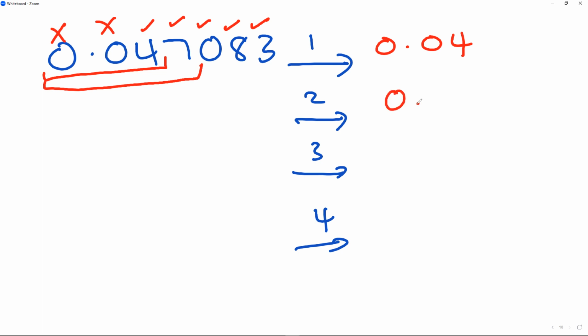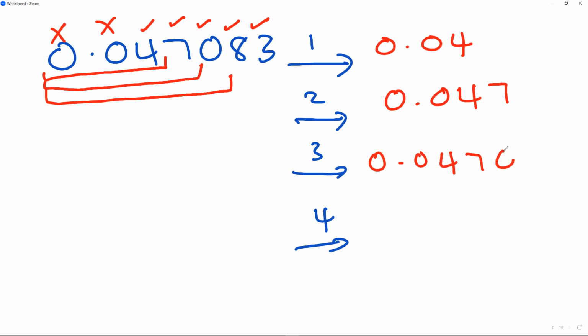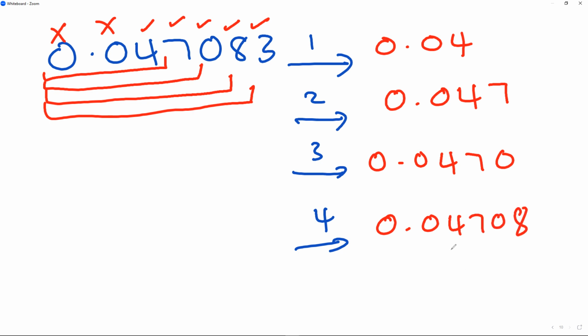That'll be 0.047. 3 is going to go all the way till there, 0.0470. Now remember, leading zeros are not significant, but a 0 at the end is significant when it comes to decimals. And then 4 values would go all the way to 8, 0.04708.